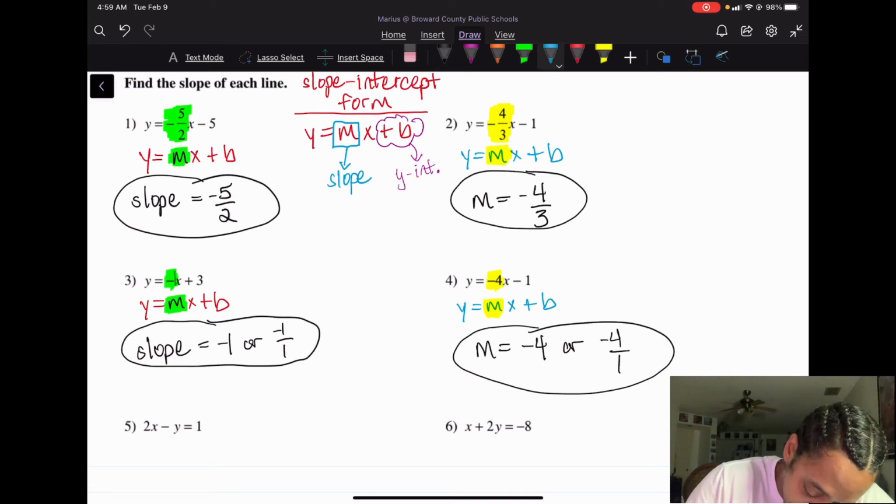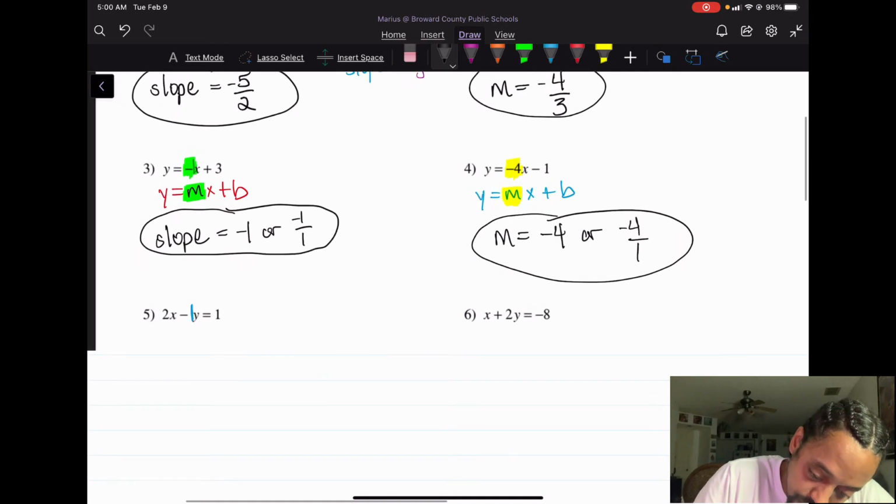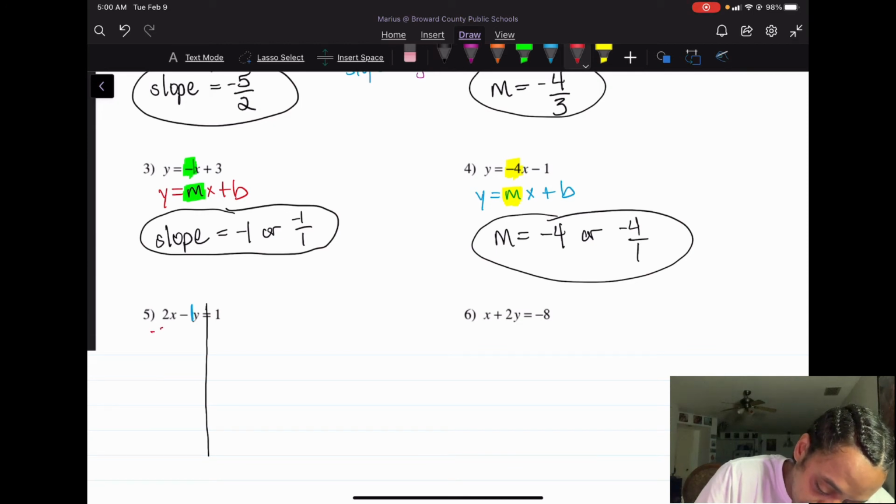First, I want to put my coefficient of 1 or -1 in front of the y. And now we want to just go ahead and solve this equation. So first thing we want to do is move the 2x away from the -1y. When we do that, the 2x's cancel out.